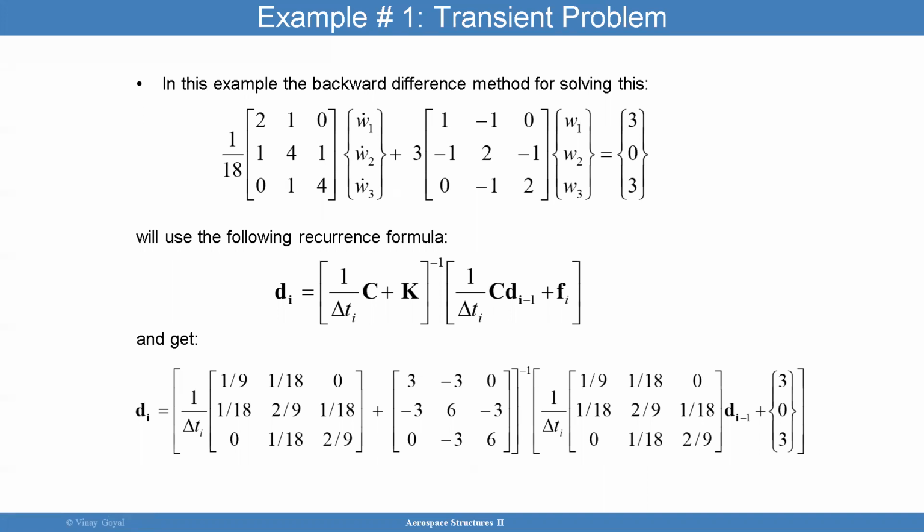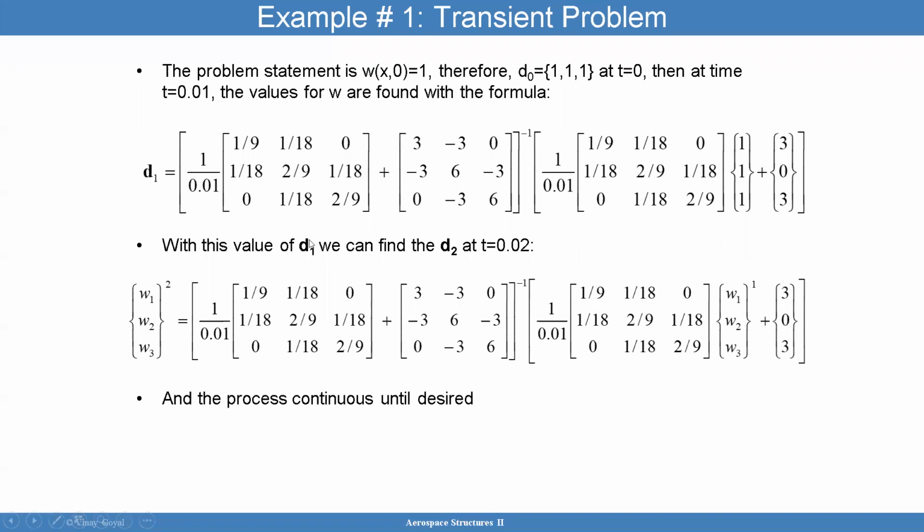And so here, I don't want to go into the extensive details, but you can see here the equation is given. You can use the recurrence formula. Once you know the initial state, the initial value of W, you can then time march the solution to get the future solutions. And you can see here it was done here. Say you start with the initial value of 111 at time equals 0.